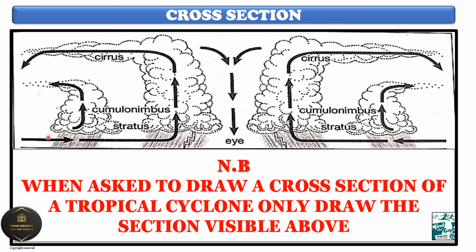So you remember, in your cross section, for you to master it, think about how the system will form, right? We've taught you that you'll first have air converging towards the center, because remember, this is a cyclone, and we know that when this air converges, it also rises.